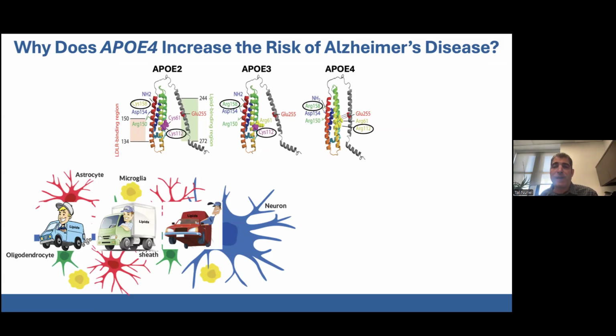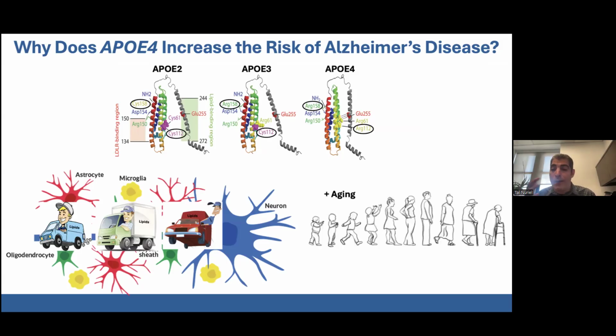You'd be hard pressed to find many differences in a 30, 40-year-old ApoE4 carrier versus ApoE3 carrier versus ApoE2 carrier. For the most part, it's getting the job done. However, with aging especially, problems can start to magnify.